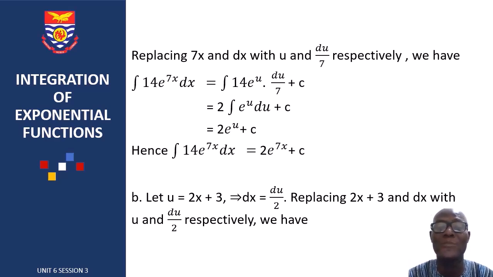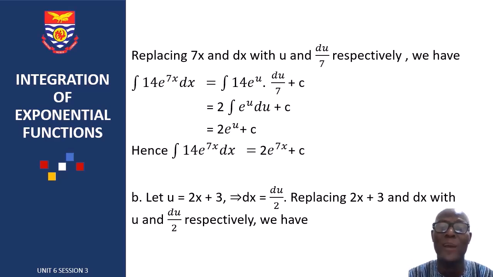Now, if this is multiplied out, 7 divides 14, giving 2, and that 2 is a constant. So the 2 is factored out, or we bring the 2 out so that we have 2 times the integral of e exponent u du plus c. Now, if we integrate e power u, it gives e power u.